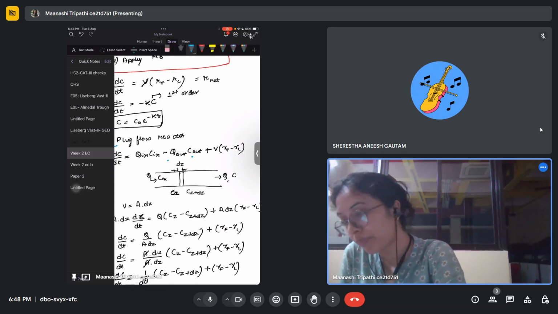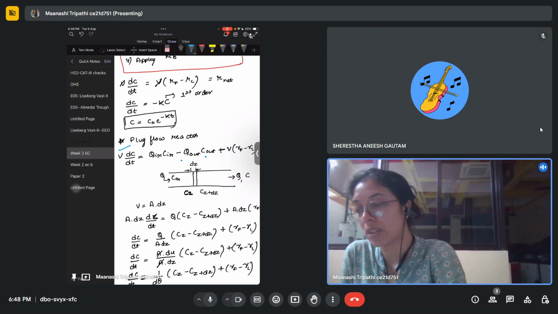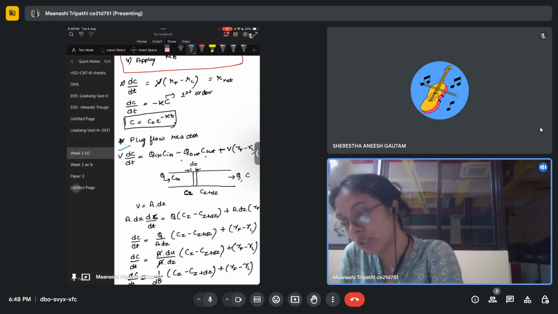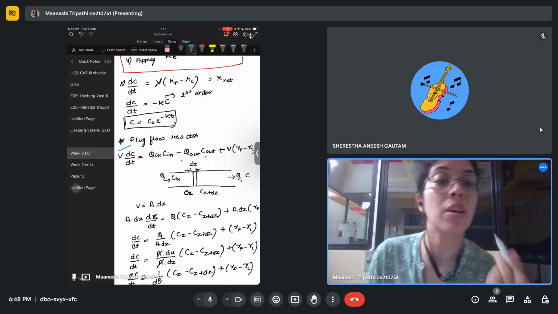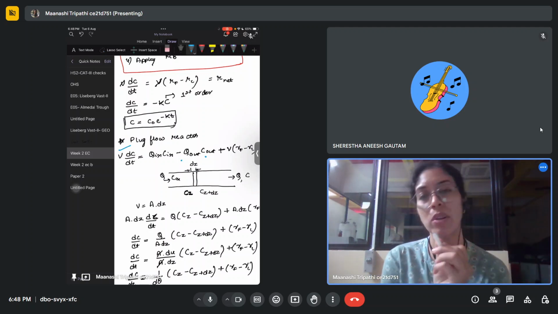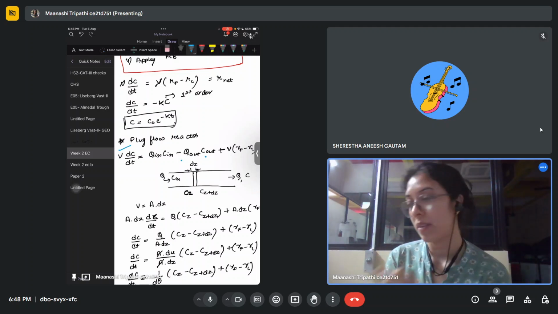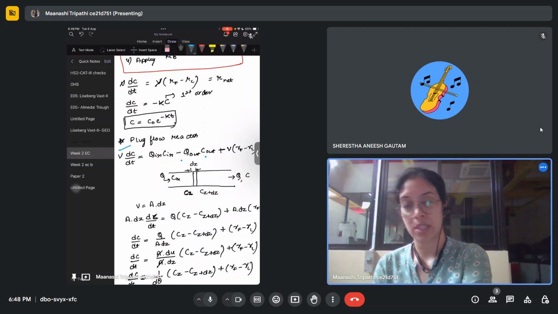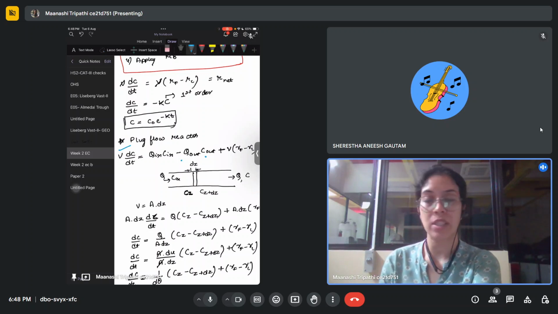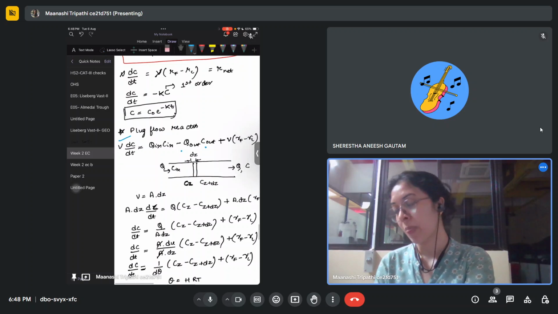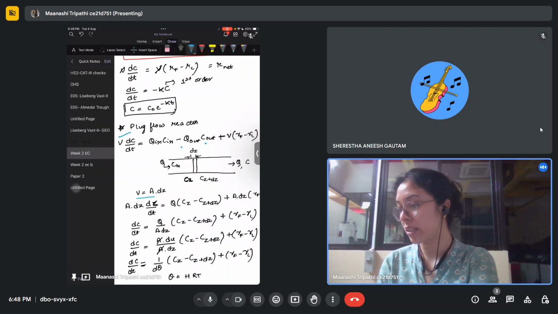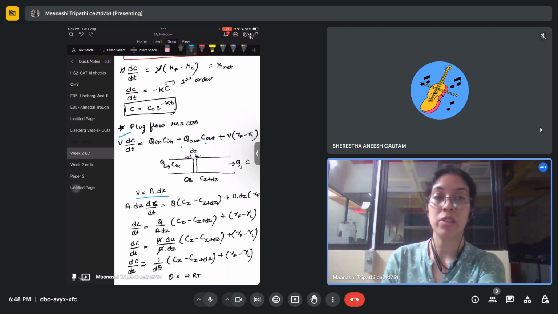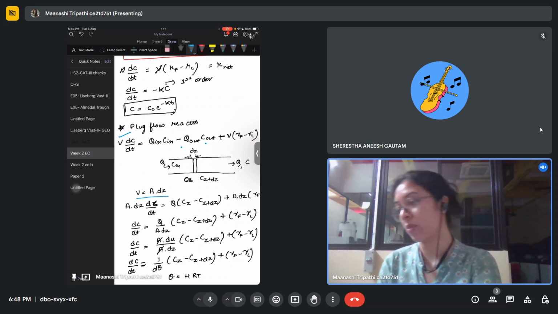Here the best concept is to take a strip in which the reaction is completely mixed. So we have taken a small strip, that is dz. The concentration to the left of dz is Cz and the concentration to the right is C z plus dz. Volume is A dz. So we will substitute this volume in the first equation.